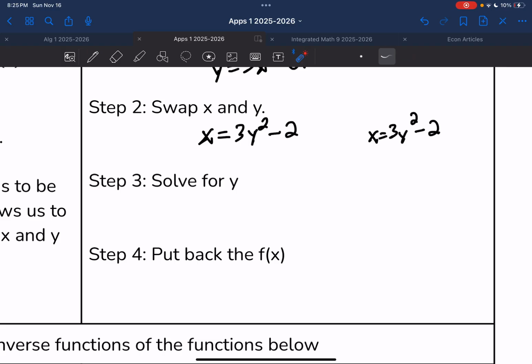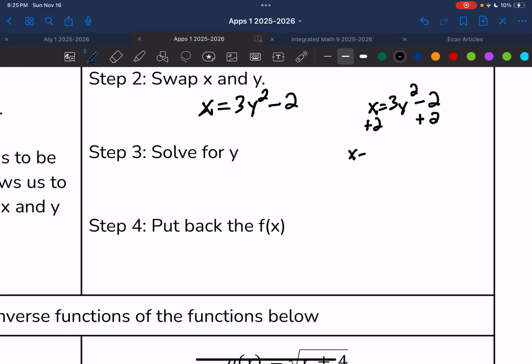Right, we want to get this y alone. So we're going to start to do inverse operations to move things across, right? Flashback to algebra 1. So we're going to add 2 there. It's going to be x plus 2 is equal to 3y squared. Then we need to divide both sides by 3.